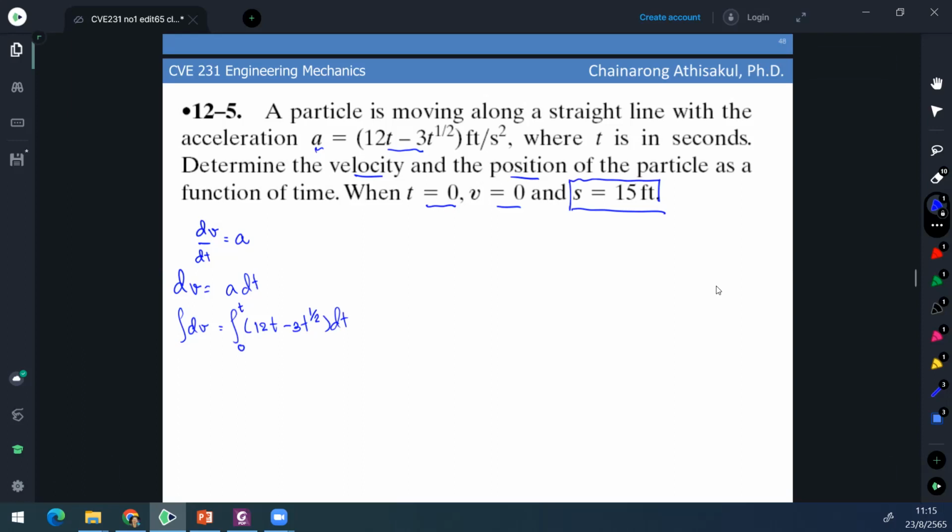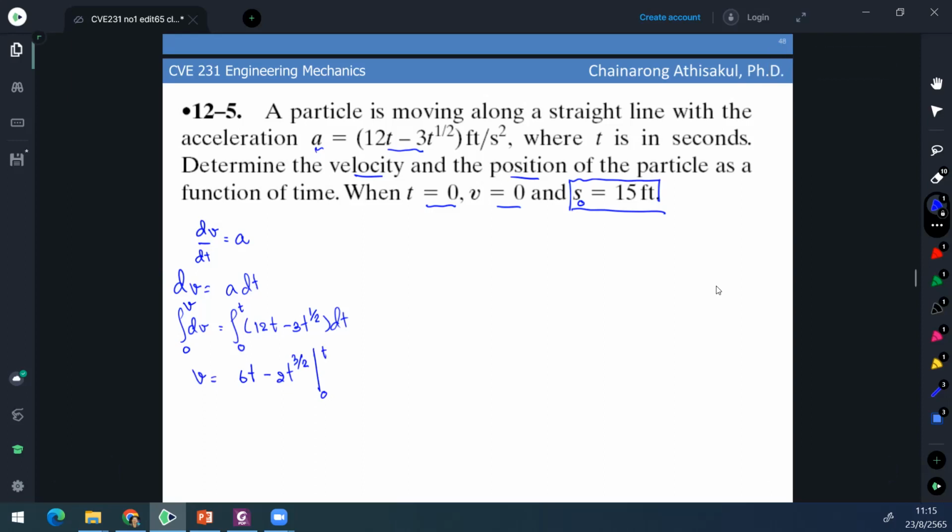So we have to be careful with this. This s0 is not equal to 0 anymore. The limit of integration for dv is from 0 to v, because when time equals 0, v equals 0. So according to this, we have v equal to 6t squared minus 2t power 3 over 2, and the limit of integration is from 0 to t.